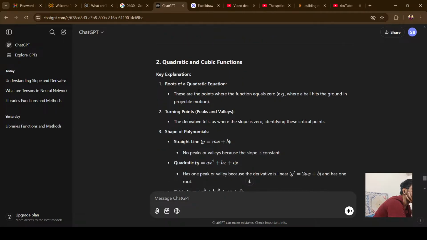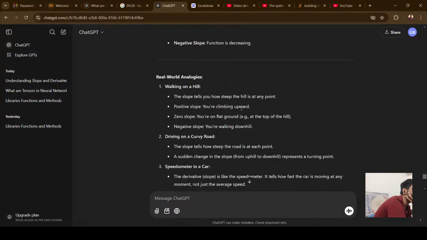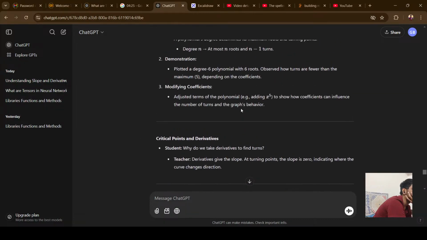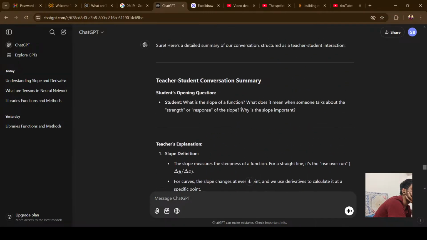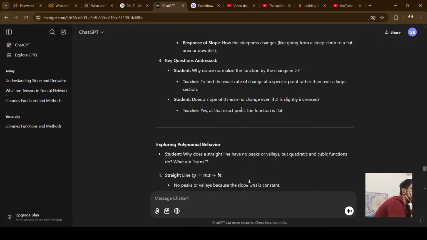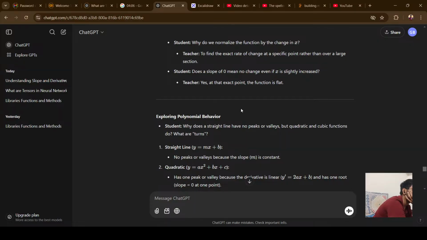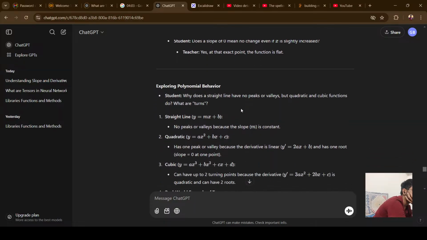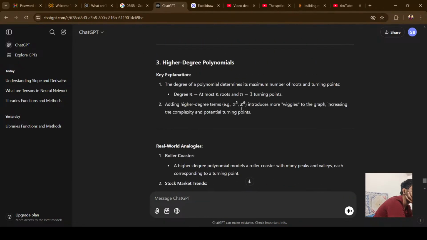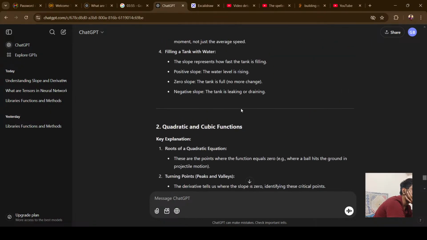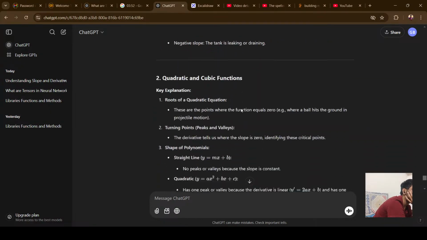Quadratic and cubic equations explanation. Does a slope of zero mean no change even if x is slightly increased? Yes, at that point. But how do we reach this level? Tell me that. Quadratic equation, cubic equation. These are the points.